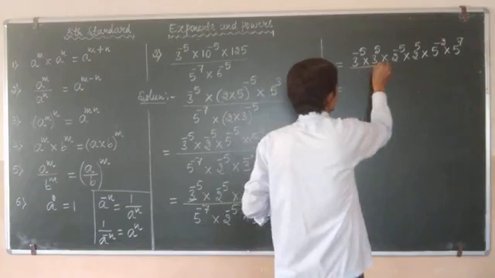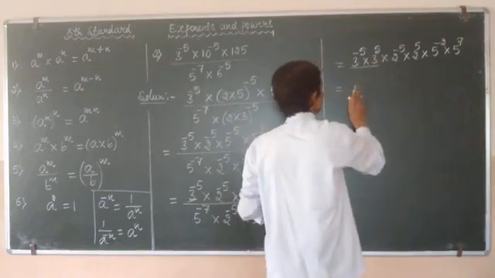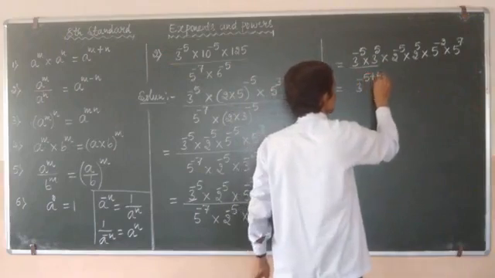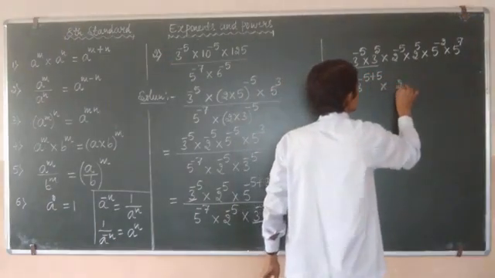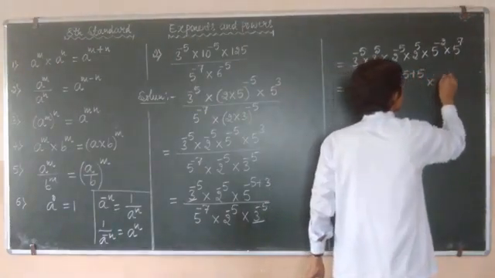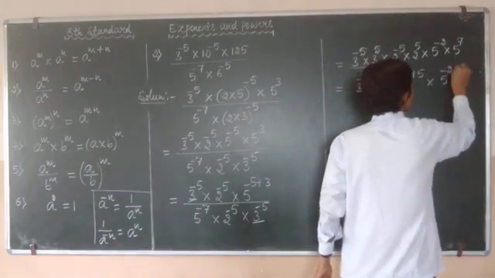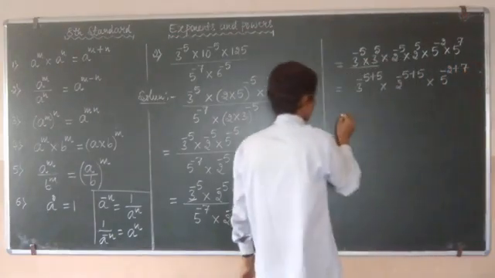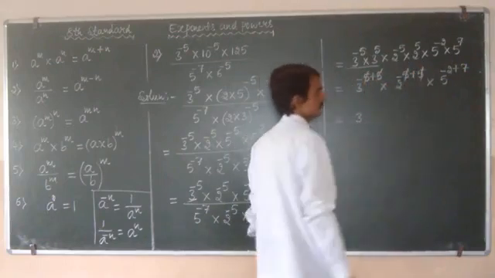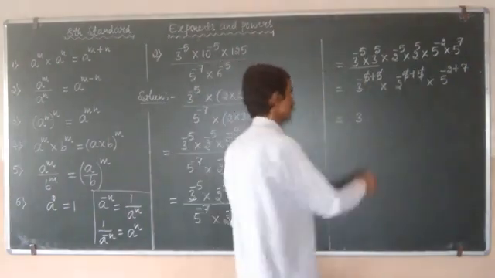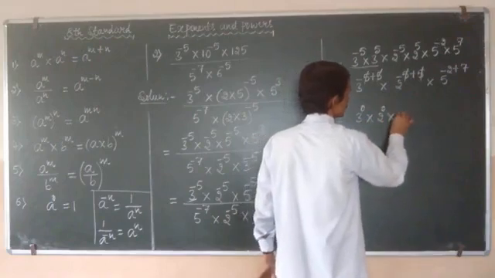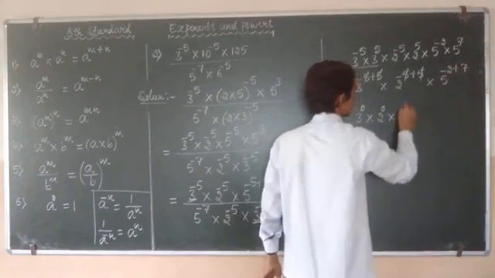Now, if you apply the first law, 3 to the power of minus 5 plus 5, into 2 to the power of minus 5 plus 5, into 5 to the power of minus 2 plus 7. So it will be equal to 3 to the power of minus 5 plus 5, which cancels, 2 to the power of minus 5 plus 5, which cancels, so 3 to the power of 0 into 2 to the power of 0 into 5 to the power of 5.